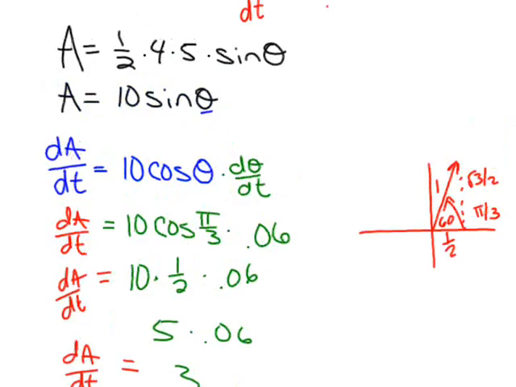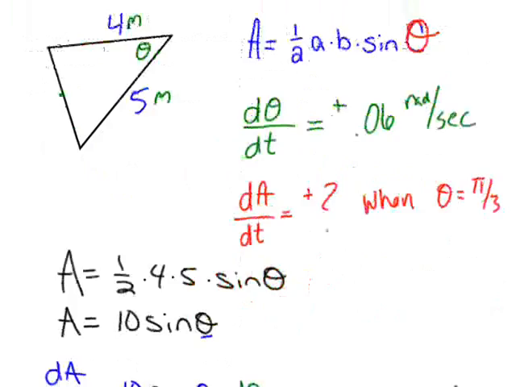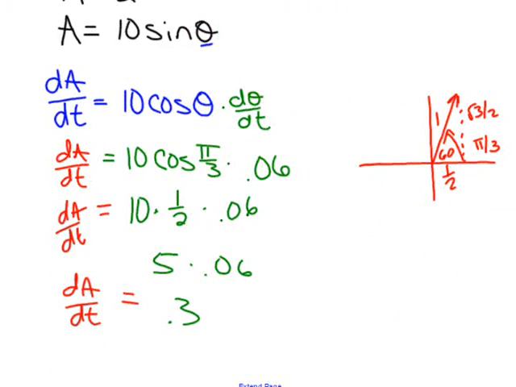So our units were initially meters. Okay, so now our units for our area are meters squared per second. You could also get the units from the idea that this is meters and this is meters per second. So if you multiply meters by meters per second, you end up with meters squared per second. And that concludes our problem.